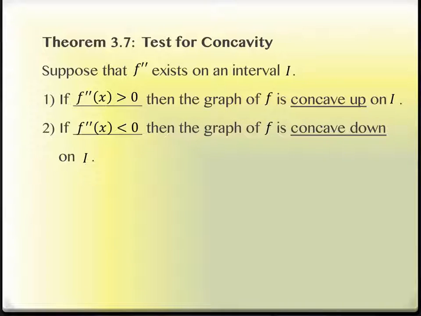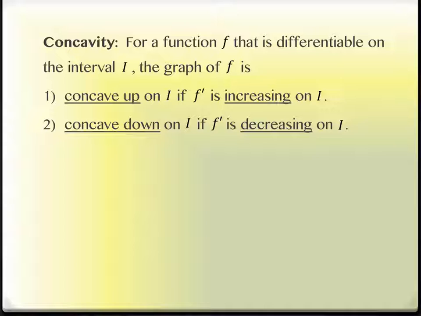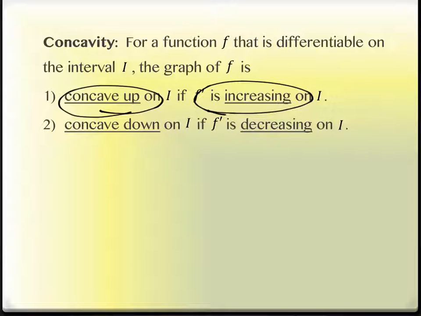So I'm going to go back to the screen before to make the connection. So this is saying that it's concave up when the first derivative is increasing. But the way we find if something is increasing and decreasing is that we take its derivative, and if the derivative of it is increasing or is positive, it's increasing. And we go through this and we say, okay, it's concave down.